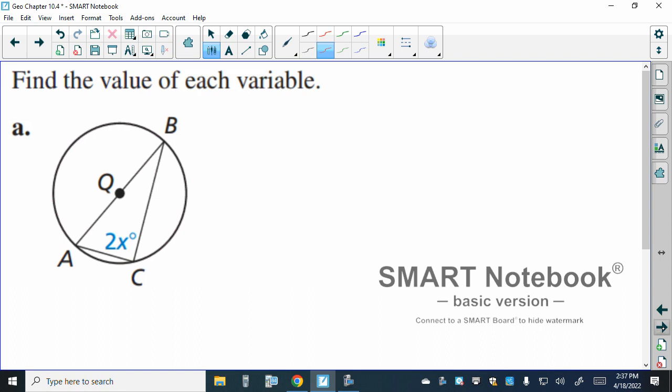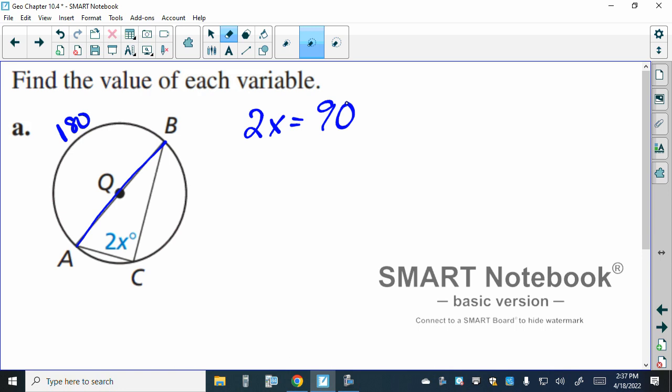Guys, with the rest of these here, we're finding the value of the variable. So here, what do we know about 2x? What does this angle have to be? 90, because we have an inscribed triangle, and this here is the diameter. So this here has to be 180, which means our inscribed angle 2x has to be 90.